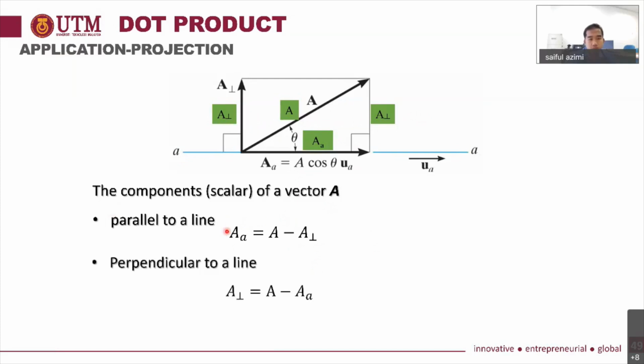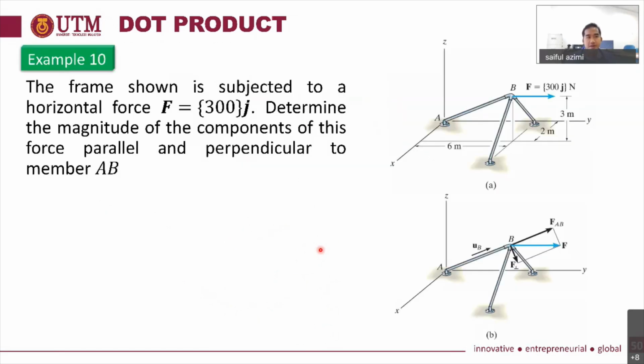So A equals AA plus A perpendicular, or if you wanted to find A perpendicular, it equals the vector A minus AA. You can simply subtract it. So if you already find one element of the projection, you can find the other simply by subtracting, all right? So this is just simple after you find the first element of the projection.